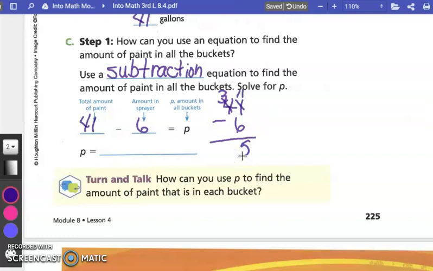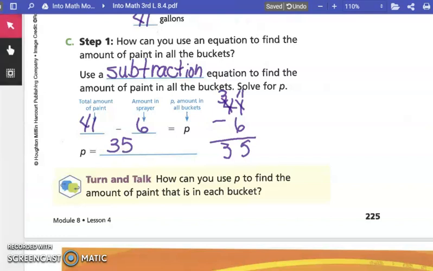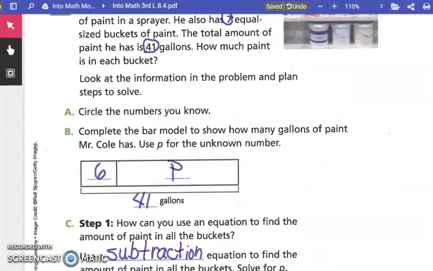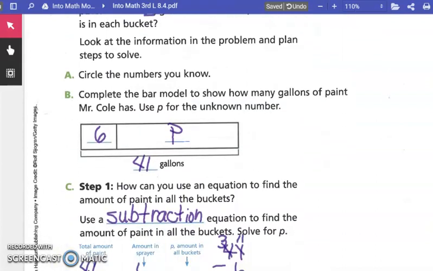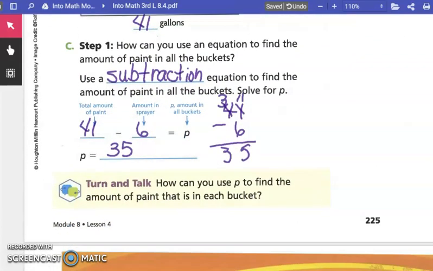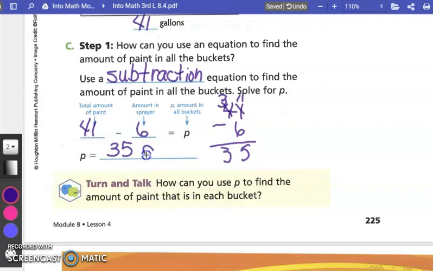And 3 minus nothing is 3. So P equals 35. And it's 35 what? What's our label? Buckets. No. Gallons, because it says paint. So we have 35 gallons.